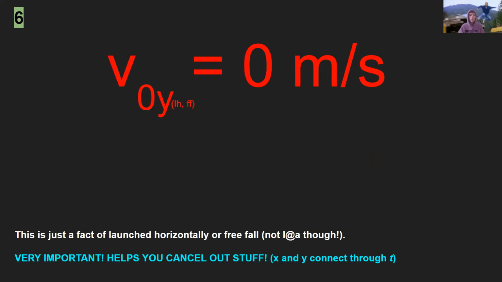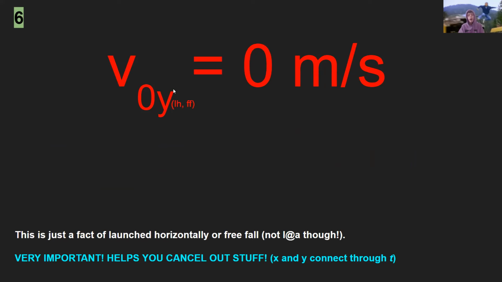All right, now we have the velocities. And like I said, velocity in the x direction is constant for all of them. Well, not really free fall, because there is no x velocity for free fall. But for launched horizontally and launched at an angle, because acceleration is equal to 0 in the x direction, velocity is constant.